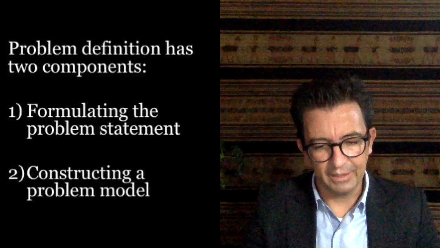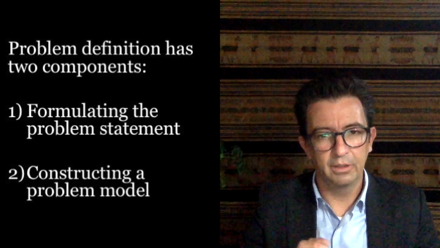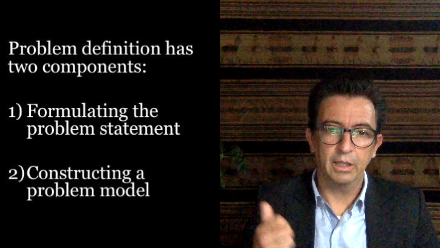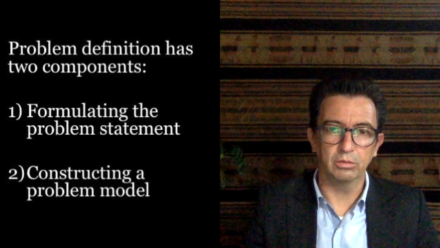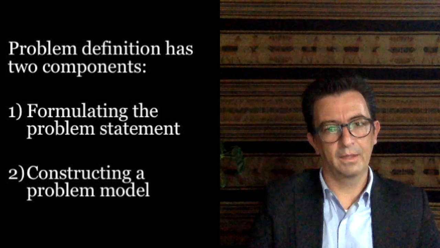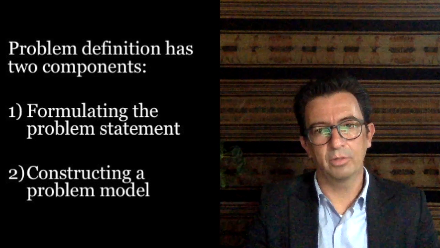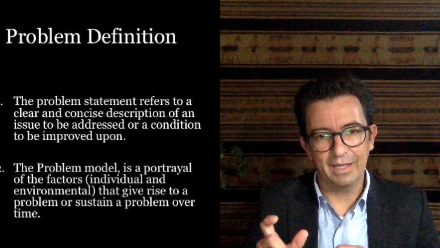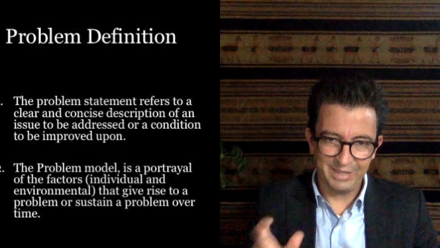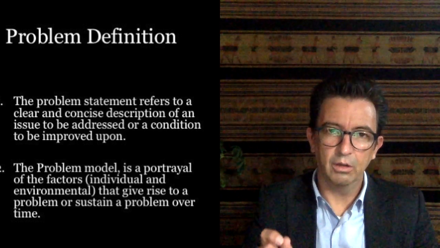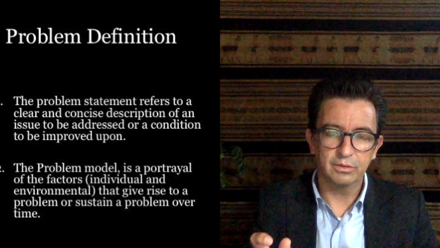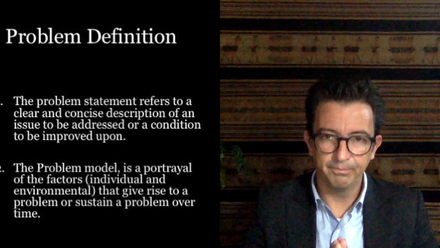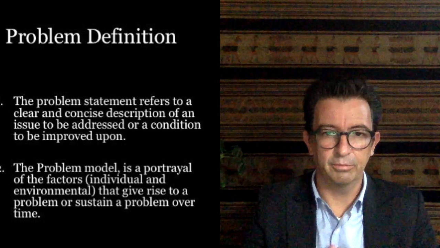Problem definition has two components: formulating the problem statement and constructing the problem model. The first one, formulating the problem statement, refers to creating a clear and concise description of the issue to be addressed or the condition to be improved upon by the policy or the program.